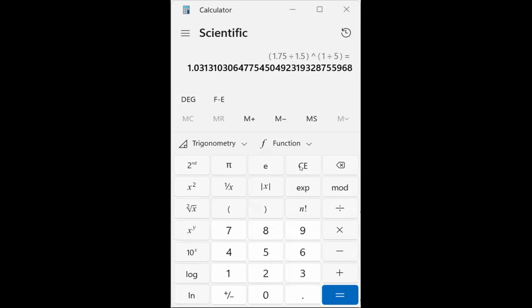So we are going to round the cost to the nearest cent. This is 150 times 1.031 to the power of 15. So to the nearest cent, that's going to be $2.37.